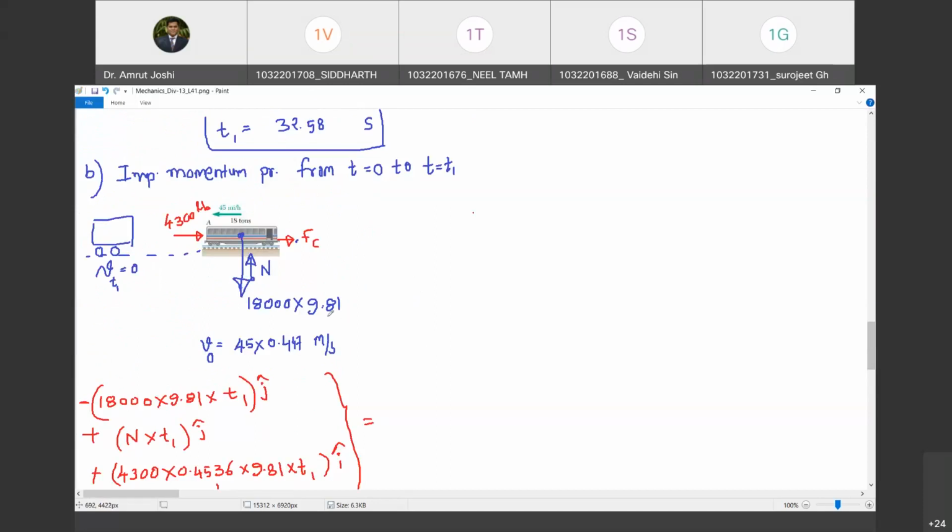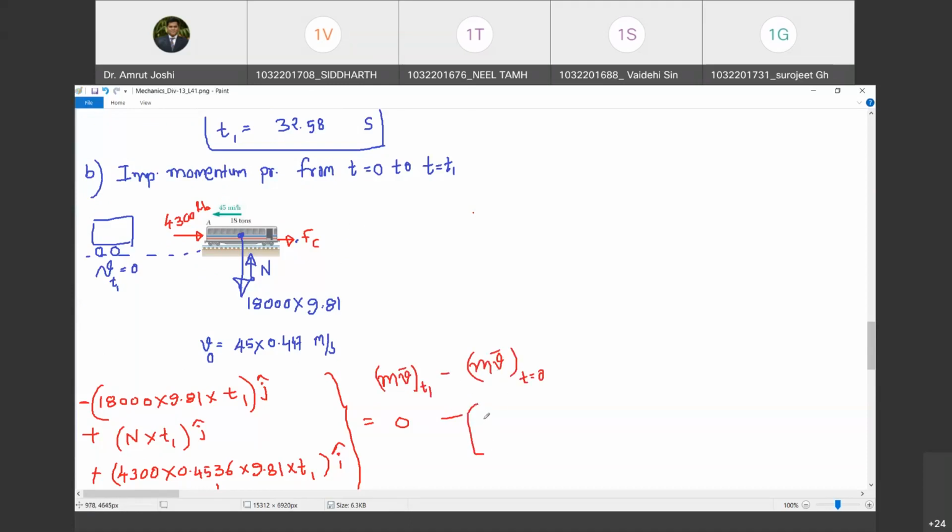Yes. So tell me, what is the momentum of this body at time t equal to 0? At time t equal to t1? Zero. Do you agree with me? So this is mv bar at time t1. Happy? Yes, sir. Minus mv bar at time t equal to 0. Do you agree with me? Yes, sir. So what is this momentum?